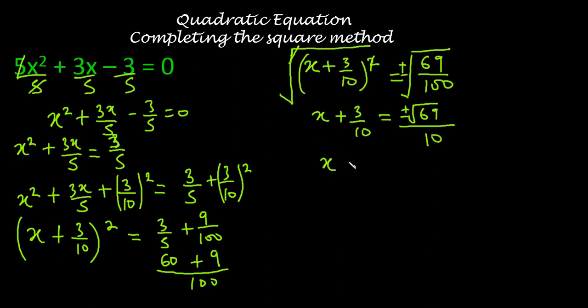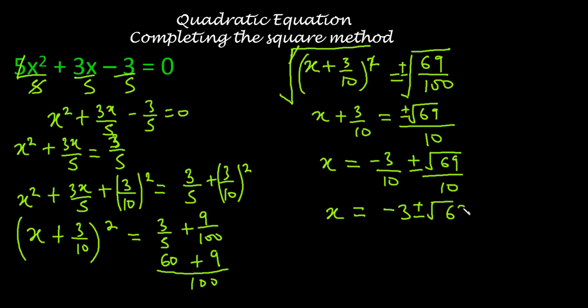We have x is equal to minus 3 over 10 plus or minus root 69 over 10. So x is equal to minus 3 plus or minus root 69 over 10. That is the final answer.